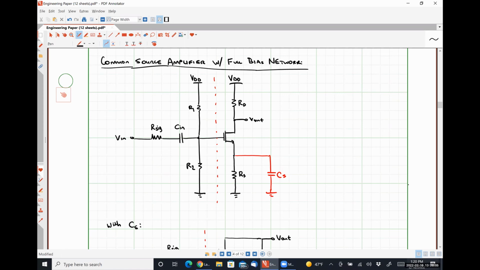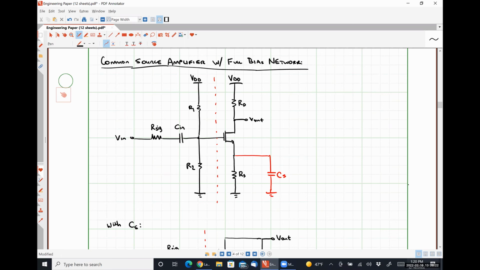And so this capacitor right here at DC looks like an open circuit, which means that whatever our input signal is doesn't have any influence on any of the DC voltages in our bias network.